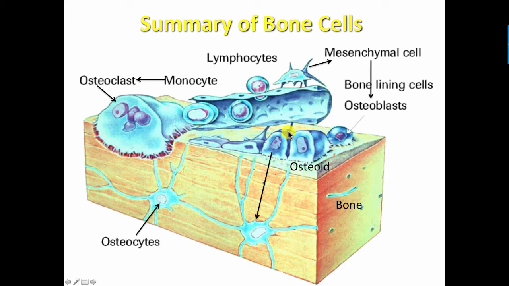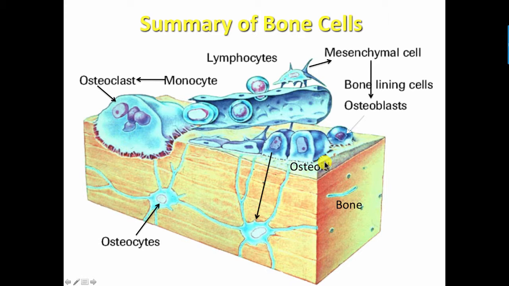As the osteoblasts secrete osteoid, they become trapped in it, and eventually they are trapped in the mineralized bone and are then known as osteocytes. And osteocytes, like chondrocytes, are not just passive cells, they're actually very active cells.